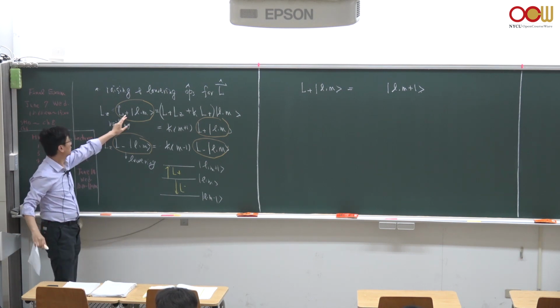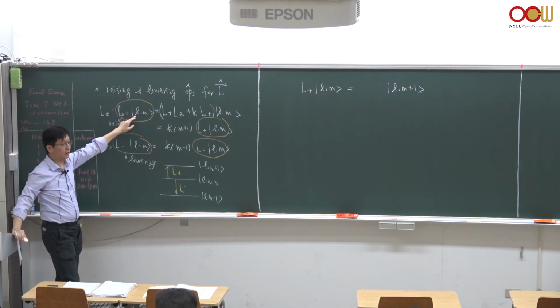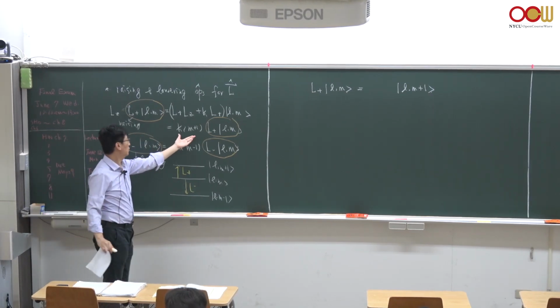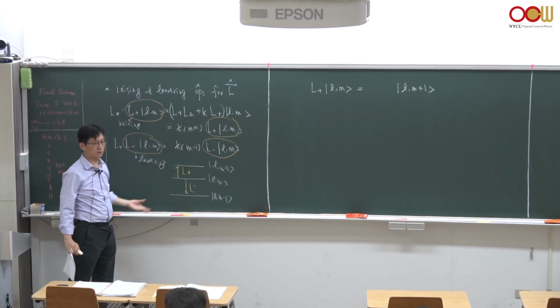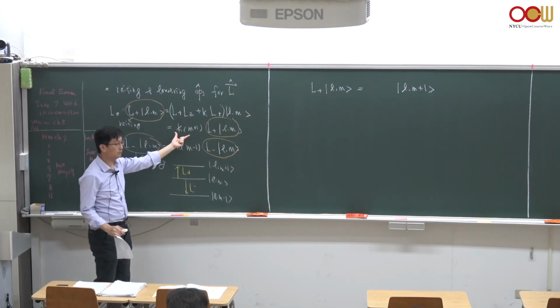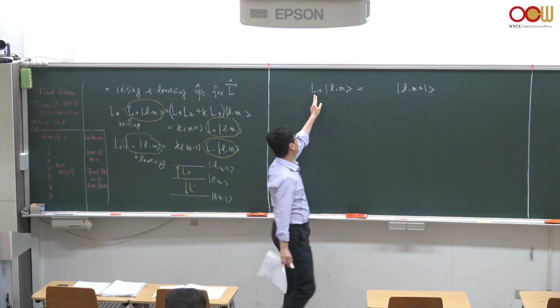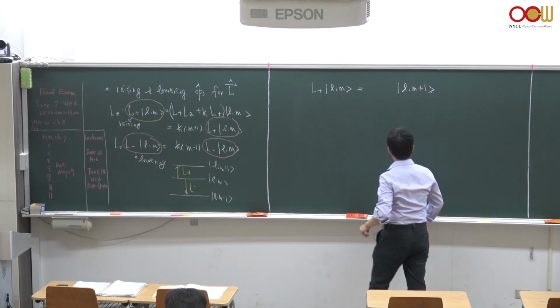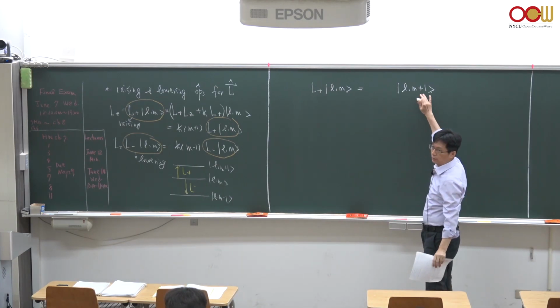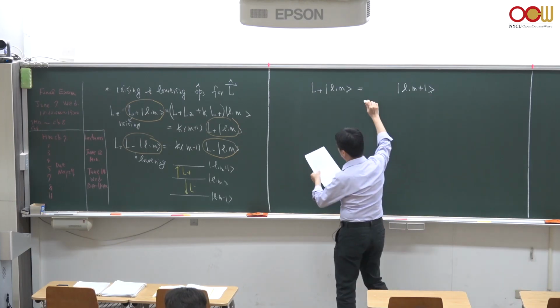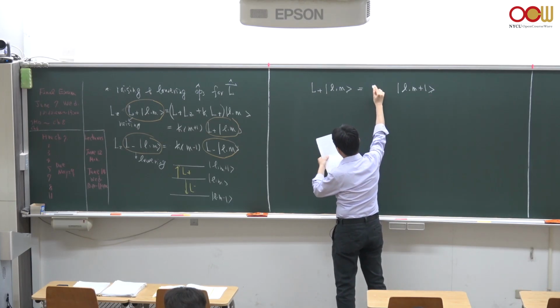I only told you that L plus acting on |l,m> is an eigenstate of Lz with m plus 1, or 1 h bar more, but this is just a semi-quantitative statement which says that this state, L plus acting on |l,m>, is actually proportional to the |l,m+1> state. But what is the prefactor of proportionality?